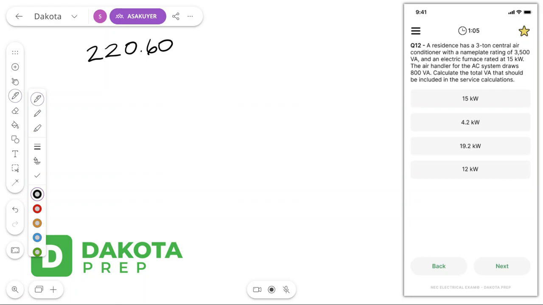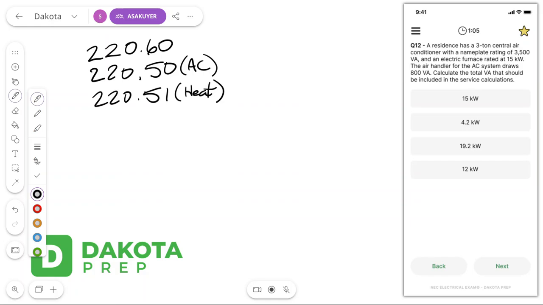In addition, sections 220.50 for AC, sizing AC or using your AC load to determine your demand, and 220.51 for heat will be used as well.